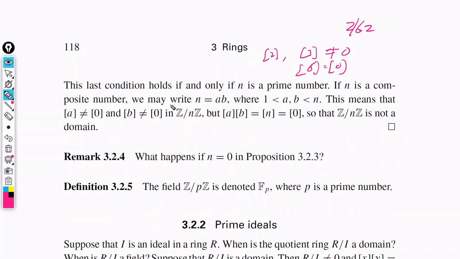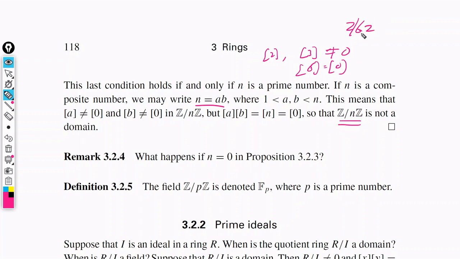If n is a composite number, then we know that n is equal to AB, where A and B are in between 1 and n. This means that the coset A is not equal to 0 and coset B is also not equal to 0, but the product of these two cosets is equal to coset AB, and AB equals n, and coset n is equal to 0 in this set.